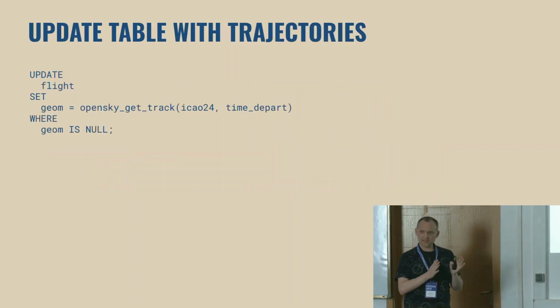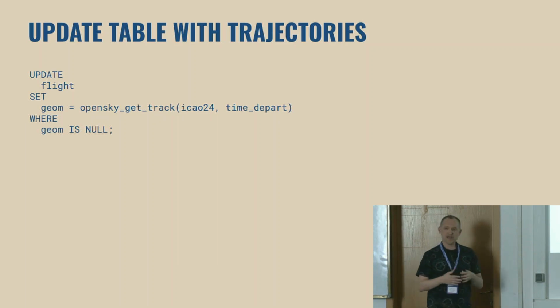So that flights table with no geometries, we can very, very easily update it to have geometries by doing this. We just call the OpenSky getTracks function, which I just showed you, with the address and the time that it was traveling, and it will populate it. Very simple.